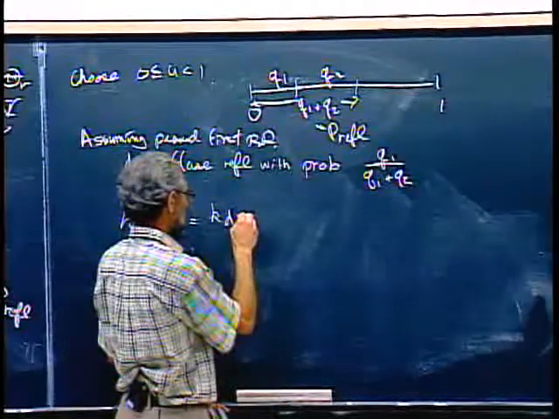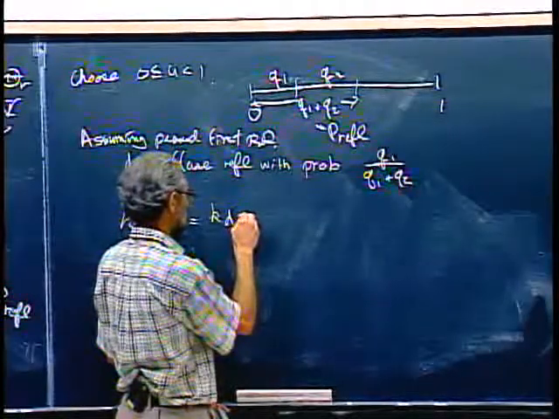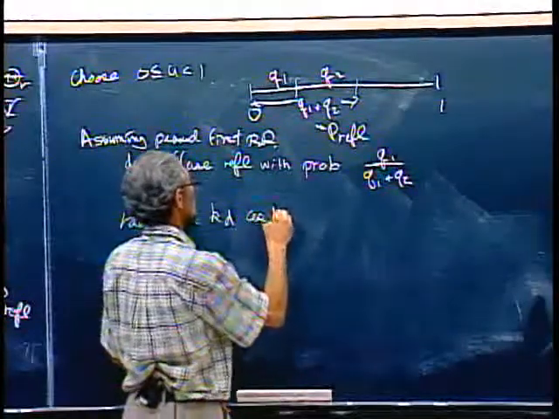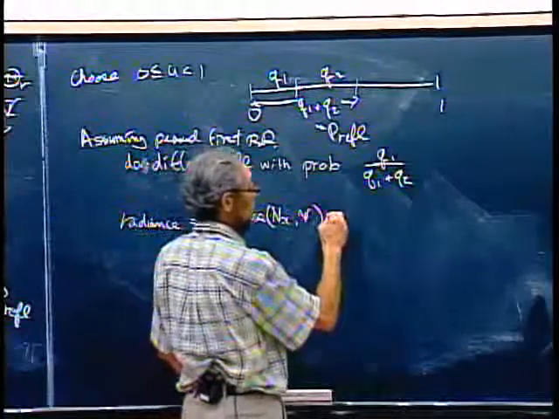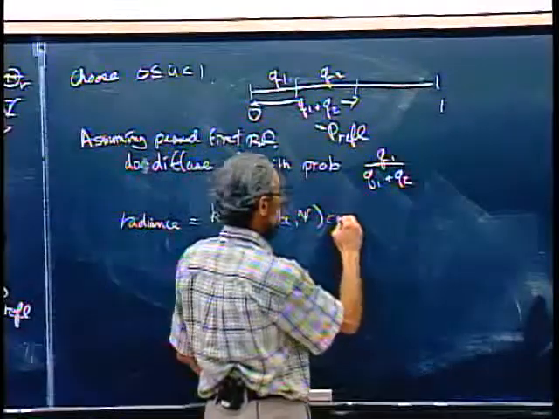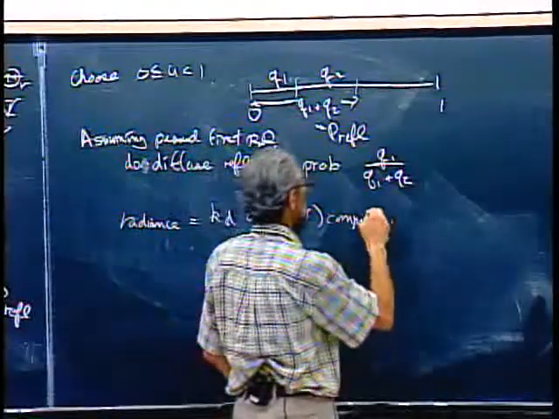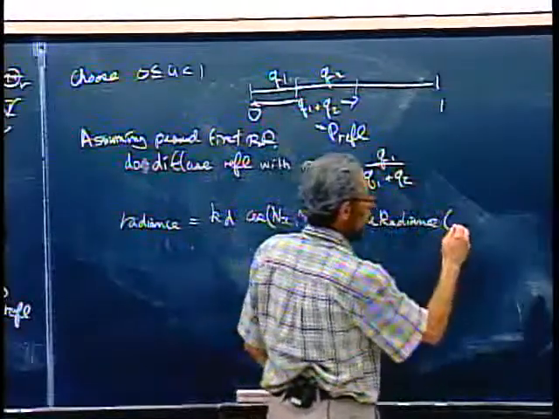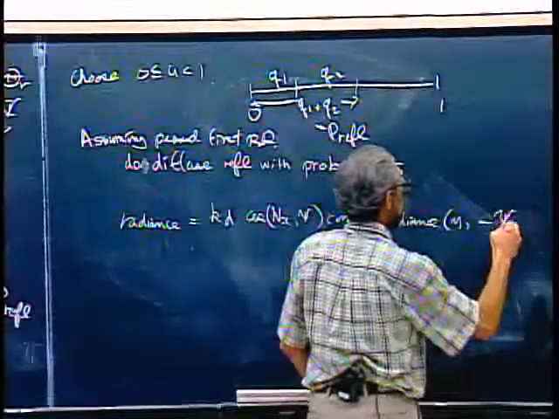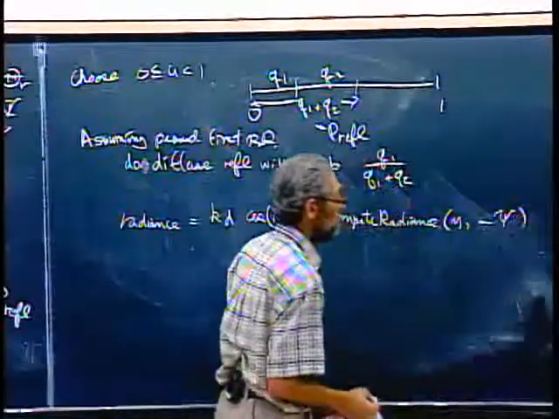Let's see, what factors do I have left? I still have the cosine nx psi and the compute radiance at the point y minus psi. I still have to do that ray tracing.